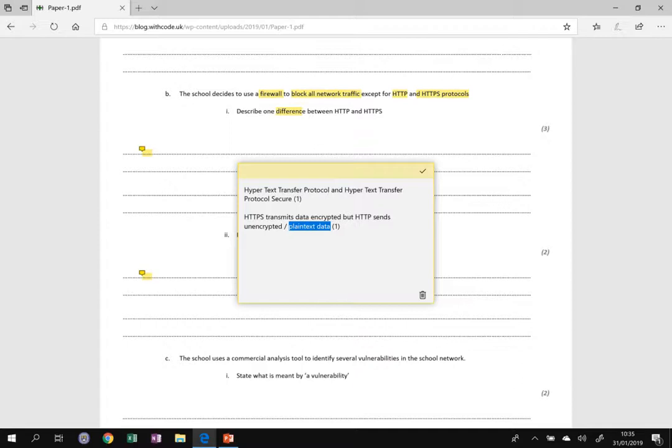So even if you couldn't remember Hypertext Transfer Protocol, if you mentioned that HTTPS is secure, you'd get that first mark. But for the second mark, you'd need to talk about the fact that HTTPS sends data encrypted, or you'd need to say that HTTP is unencrypted.